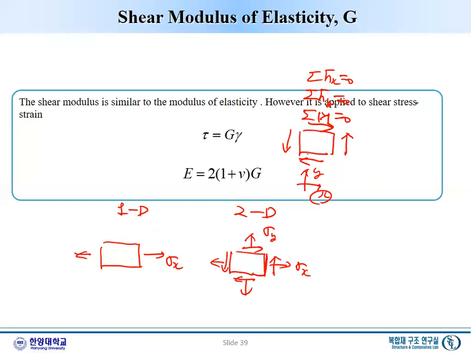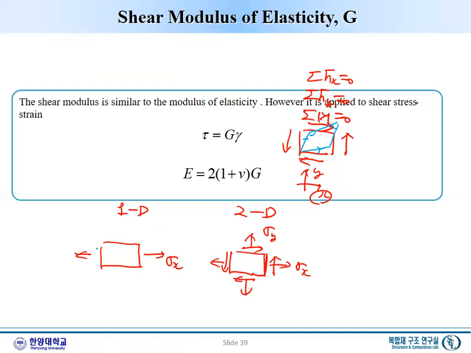Well, there's no x force, no y force, but somehow it deforms like that. So the only deformation is the angle change. Here we have angle change, angle change, angle change, angle change. Shear stress is causing angle change.